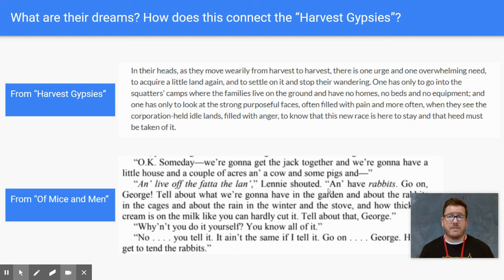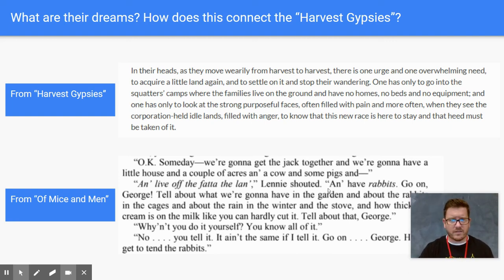So these men are just like the men that Steinbeck lived and worked with when he wrote the essays. Steinbeck has a deep understanding of these people, their dreams, their desires. So on Monday, you need to be able to put these two things together, have these quotes in mind, and we'll do a little assessment.